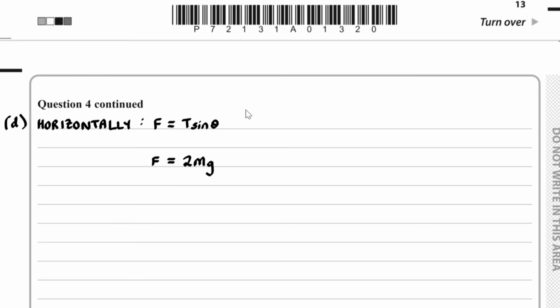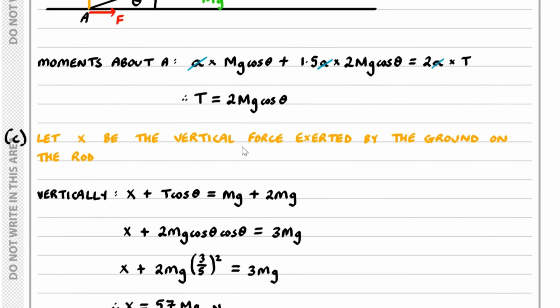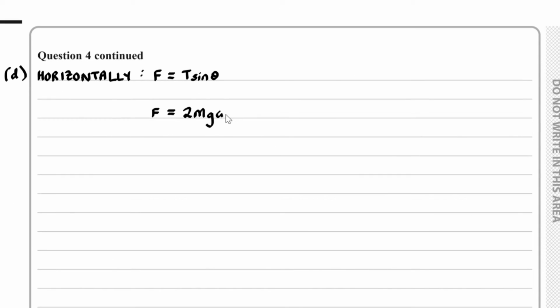So we have F equals T, which is 2mg cos theta multiplied by sin theta. So we have F equals 2mg multiplied by 3/5 multiplied by 4/5.